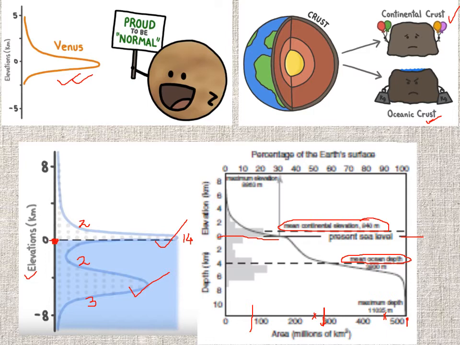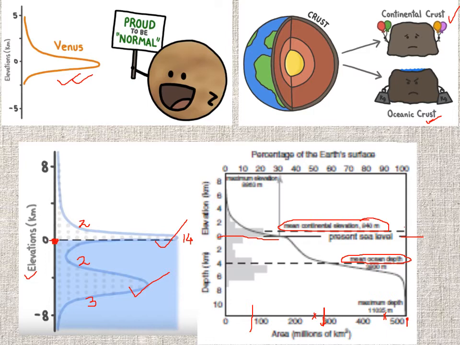Now, the mean depth of the ocean basins is about 3.8 kilometer, whereas the mean height of the continents is about 0.8 kilometer. The mean elevation of the land surface above sea level is called the continental freeboard. That is this portion, mean continental elevation, 0.8 kilometer, what I told, is known as the continental freeboard.